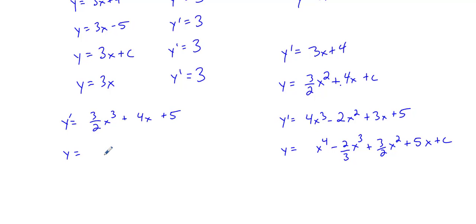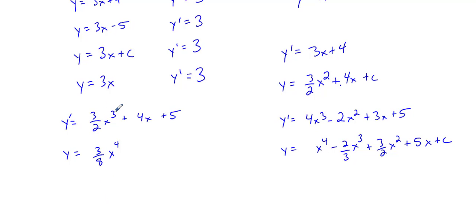What would y be? 3/8? So it'd be x to the fourth. So you're adding 1 to the power. Then what are you doing with that power? Multiplying the front by 4? Huh? 3 over 2 divided by 4. So 3/8.